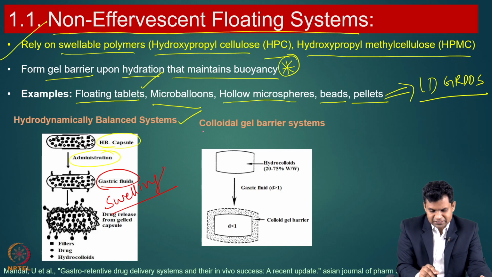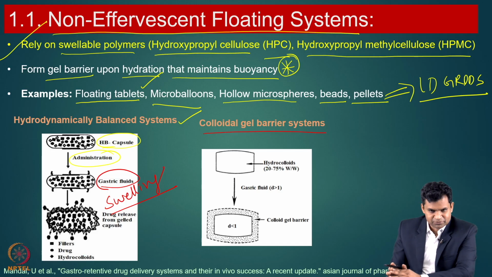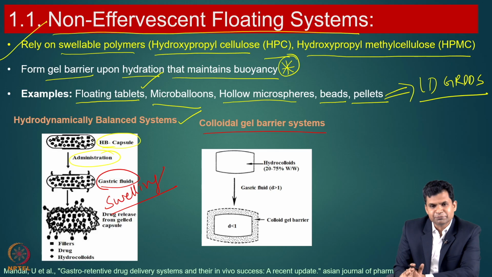Again, here you can see another topic, that is colloidal gel barrier systems. Here we use various types of hydrocolloids, which specifically we can use at up to 22 to 75% of the hydrocolloids.